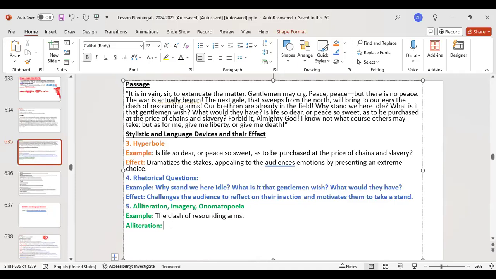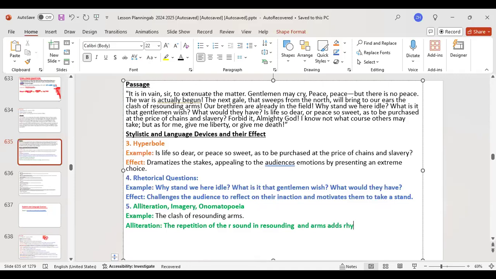We said that the repetition of the R sound in "resounding arms" adds rhythm.